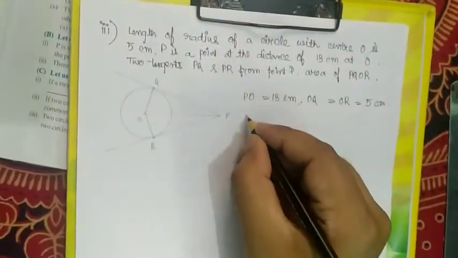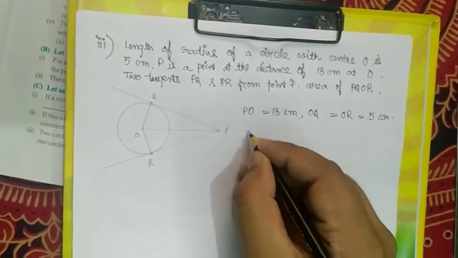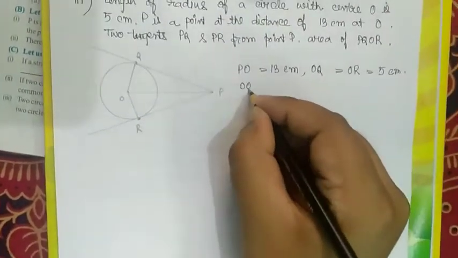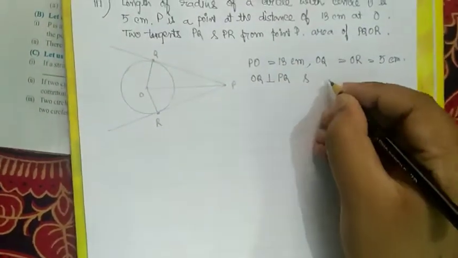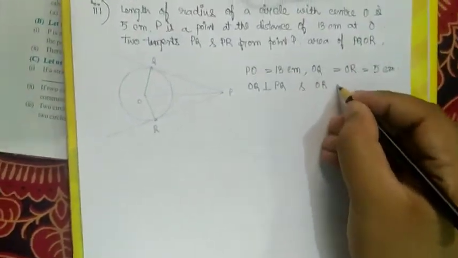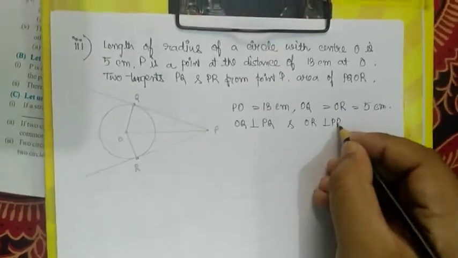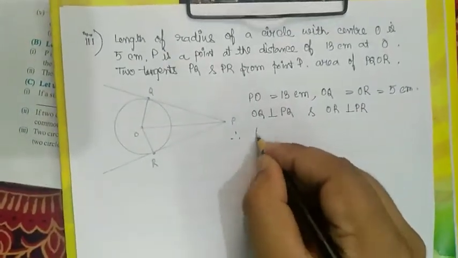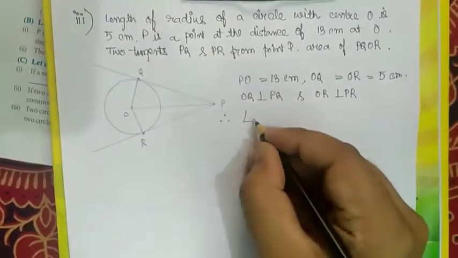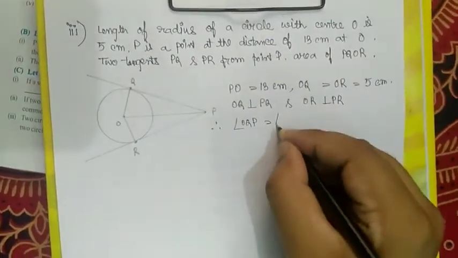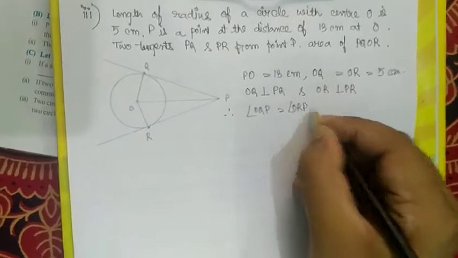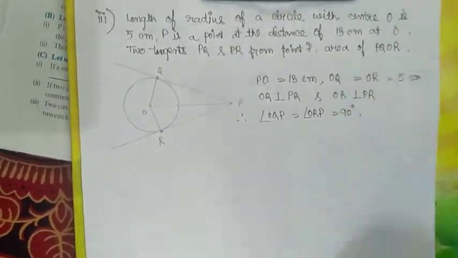So here we know our radius is always perpendicular on the tangent, so therefore OQ perpendicular on PQ and OR perpendicular on PR. So therefore angle OQP is equal to angle ORP, equal to 90 degree.